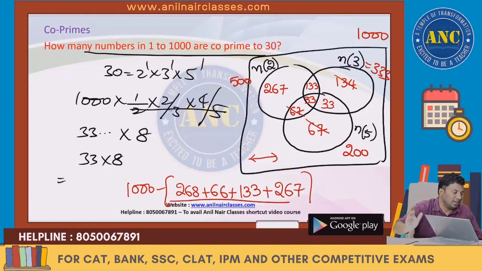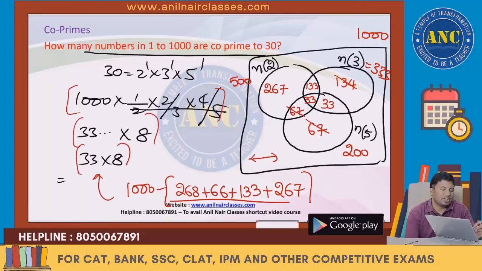Idea is clear, right? Either you can take that value, or if you are in doubt, saying sir, I am getting a decimal, what should we do? Check whether it is 234 or not. 267 plus 133 is nothing but 400.